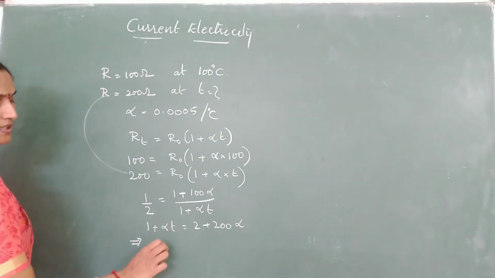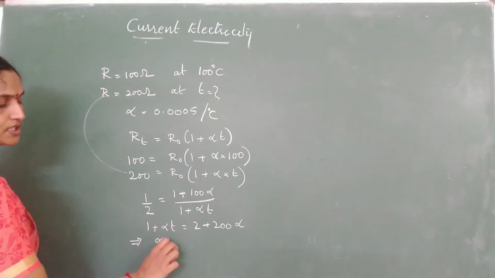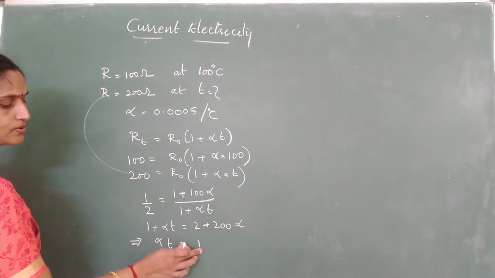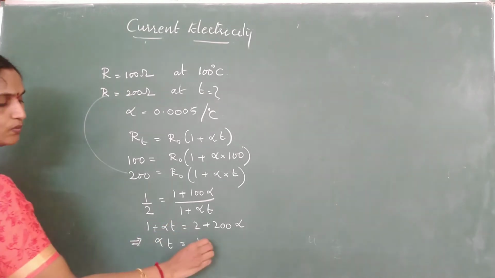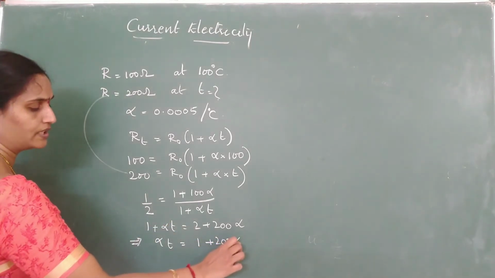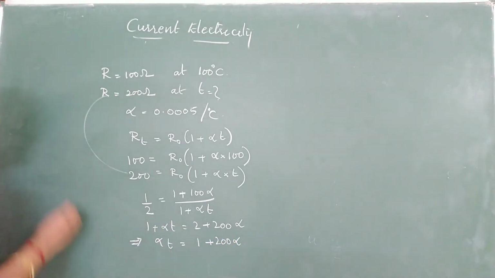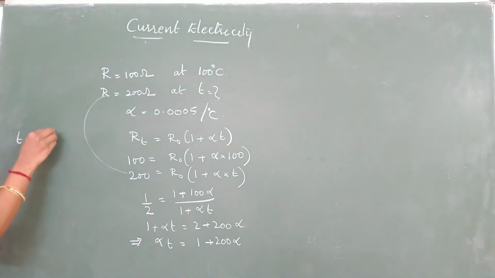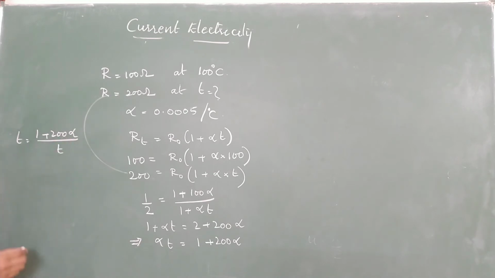This implies alpha T is equal to 2 minus 1 plus 200 alpha. Since we need the temperature, it is (1 plus 200 alpha) divided by alpha.